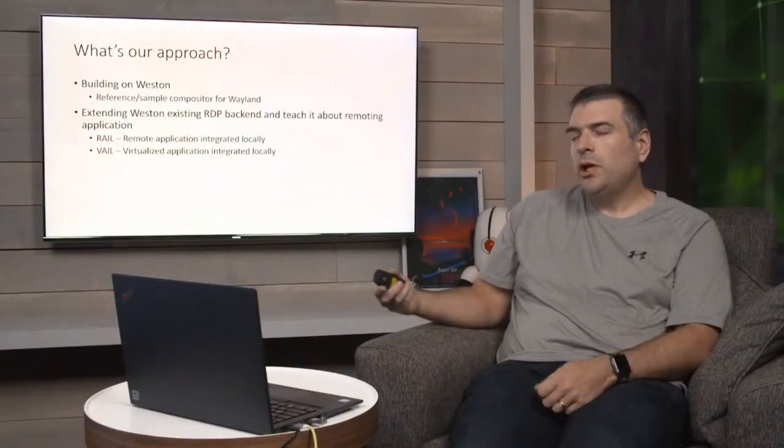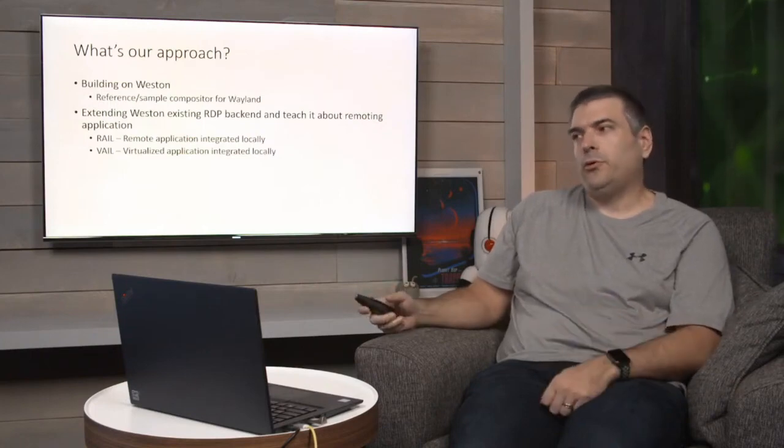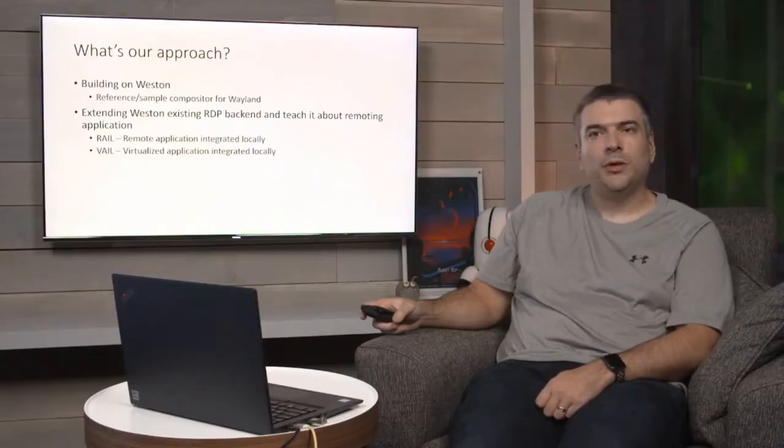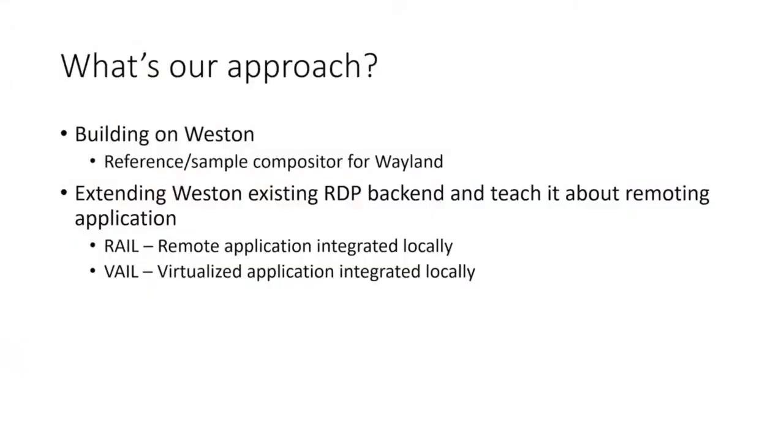And you'll hear me refer to two things in particular. There's something we call RAIL, which stands for Remote Application Integrated Locally. This is something we've been doing for many, many years, and is part of the RDP protocol. It allows us, like the name states, to remote an application and integrate it locally into your desktop. And then we have a variation of this called VAIL, or Virtualized Application Integrated Locally.